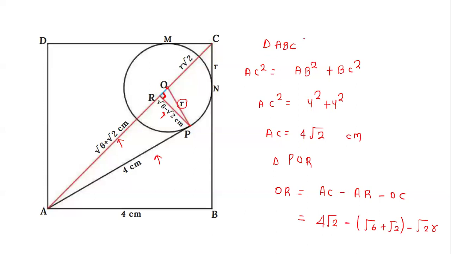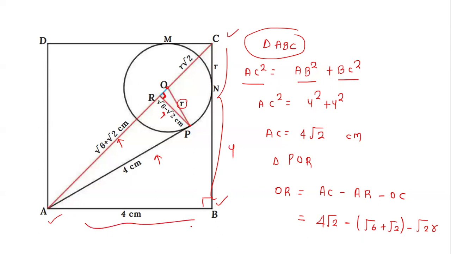Before that, let's just see the triangle ABC, which is also a right angle triangle. You can write AC square as AB square plus BC square. This side we know as 4 centimeter, and this is also 4 centimeter, so AC will come like 4 root 2. Now you look at the triangle POR.